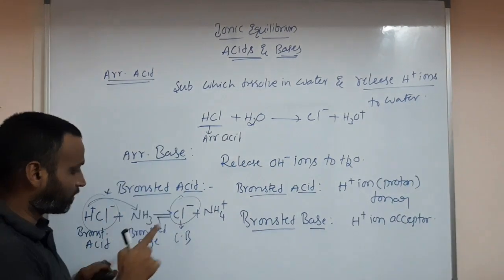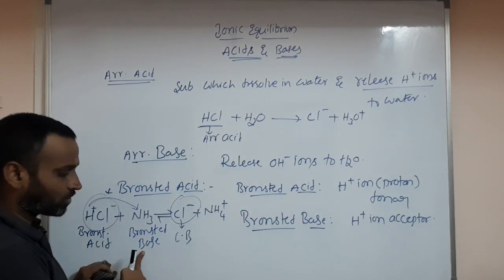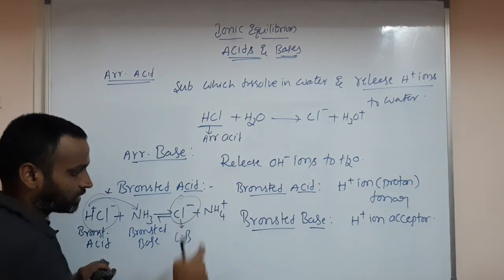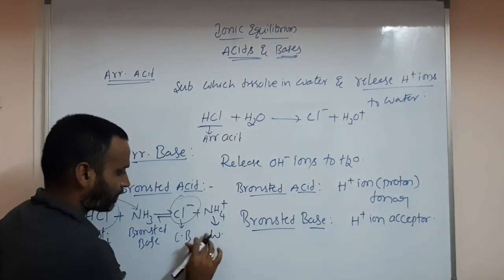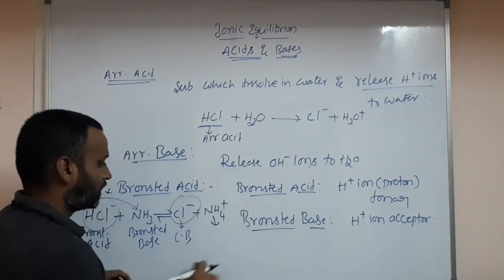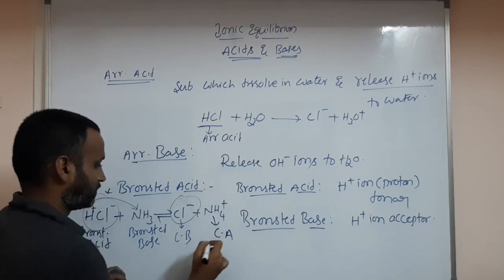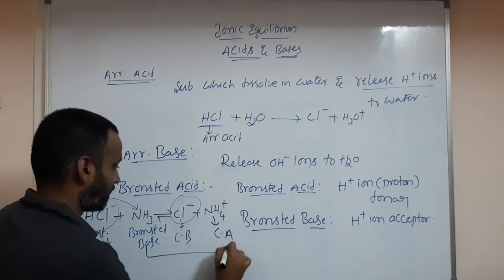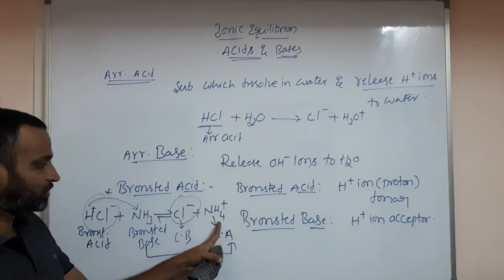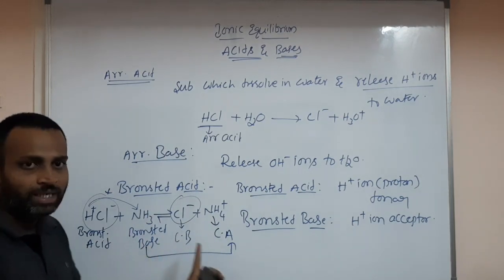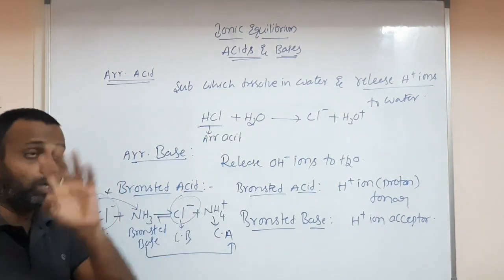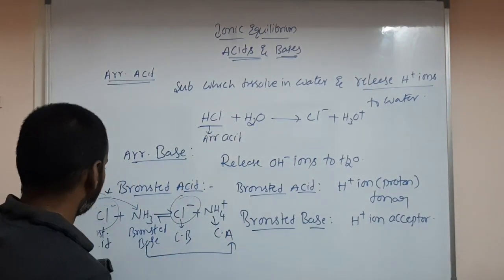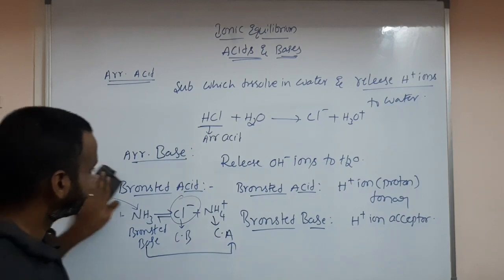Same way you can apply for base. So this NH3 is a strong base, NH4 plus is weak. I'll tell you about weak or strong. So this is the conjugate acid, for whom? This Bronsted base. NH3 and NH4 plus are both a conjugate acid base pair because they differ by one proton. That is very important. So please write down all those things.